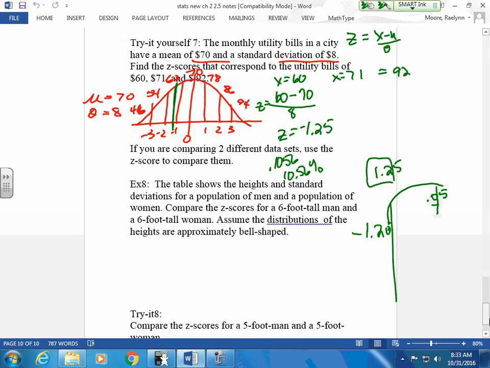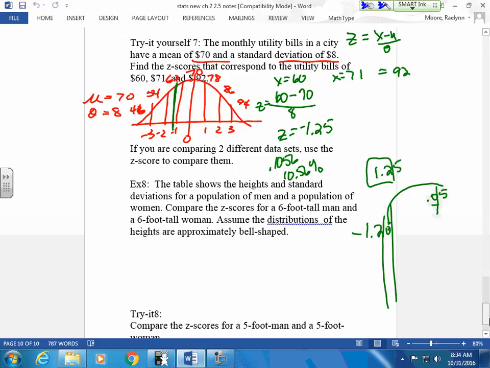Consider these to have zeros here. You can only look up the tenths position in the side column; the hundredths position you have to find up here. So isn't this like $1.20 if you think money? And this is 5 cents. So $1.20 and 5 cents give me 1.25. Kind of think of it like that. Okay?